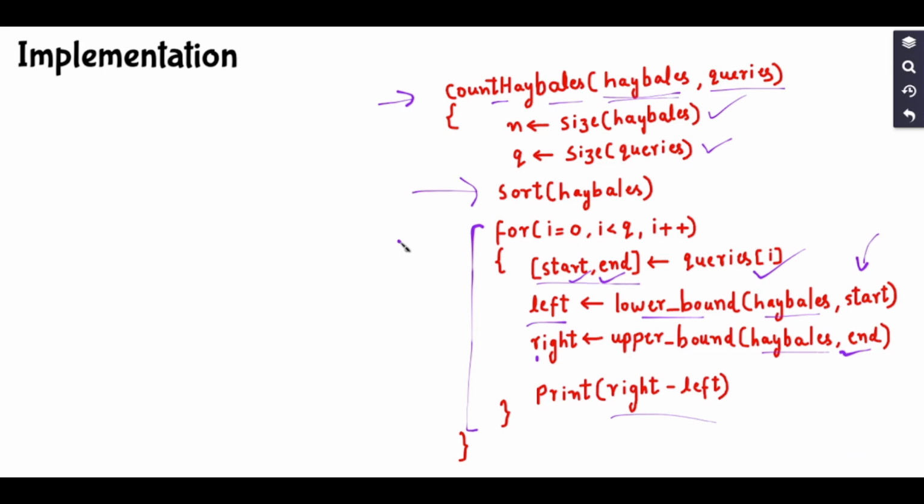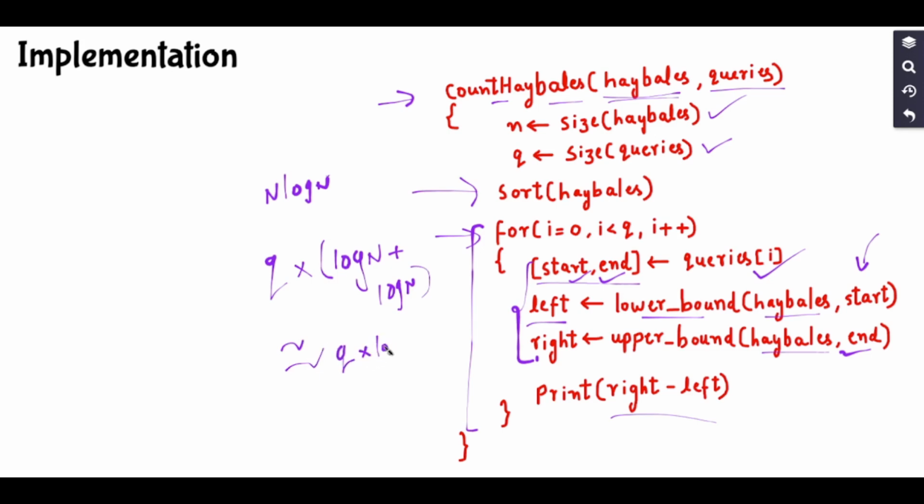Now let's discuss the time and space complexity. You can see that sorting the Haybales array takes n log n. Now come down, we are iterating over q queries. For each query we are performing binary search twice, log of n plus log of n, and that would give me an overall time complexity of q multiplied by log n.